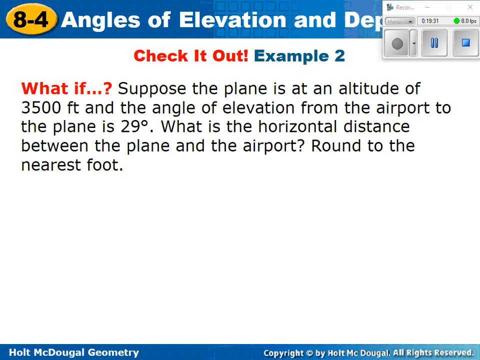When you think you have an answer, let me know. I'm coming around to check. Or if you're stuck, let me know. Okay, so suppose the plane is at an altitude of 3,500 feet. Where would that go?